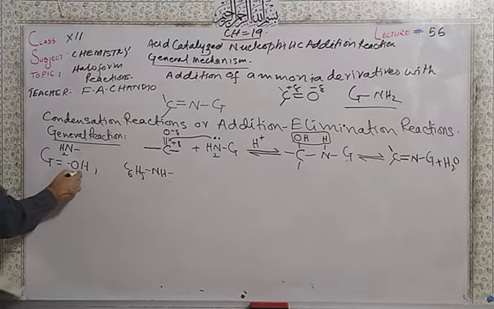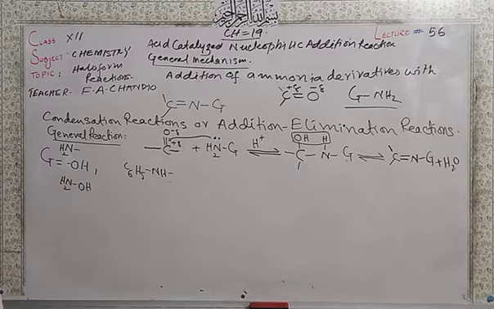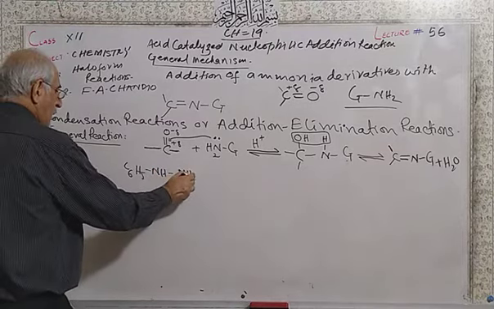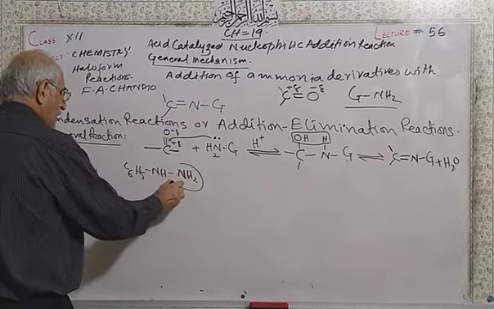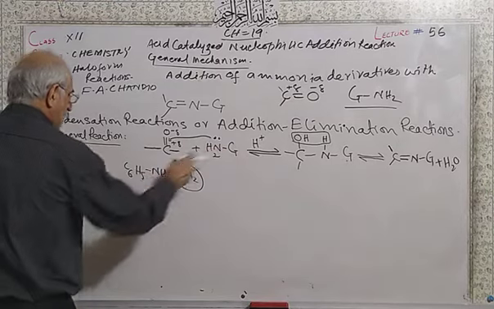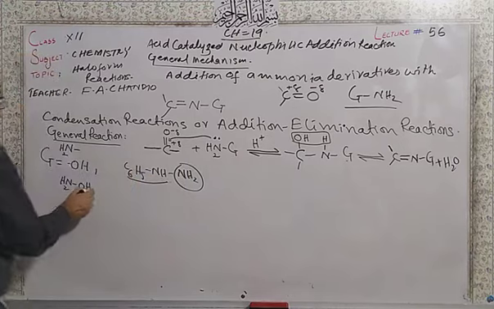This NH2 is a must, and this group, this is OH. This is called hydroxylamine, and then there is phenyl hydrazine. This NH2 is a must, and G is a group.